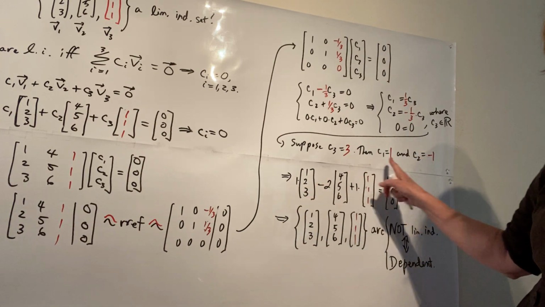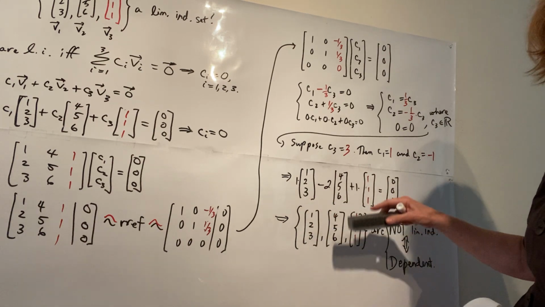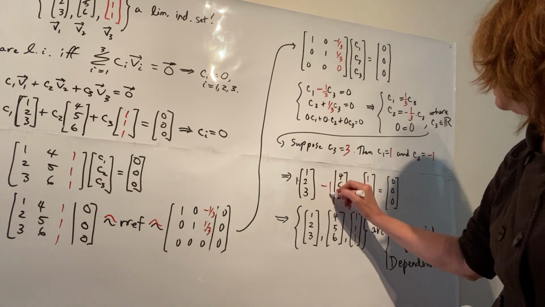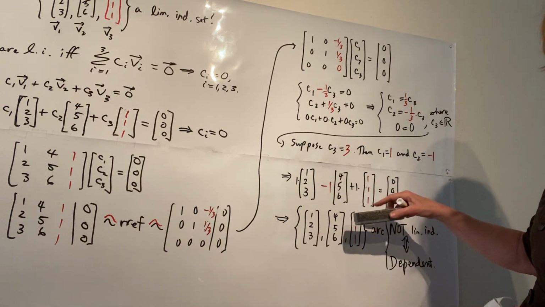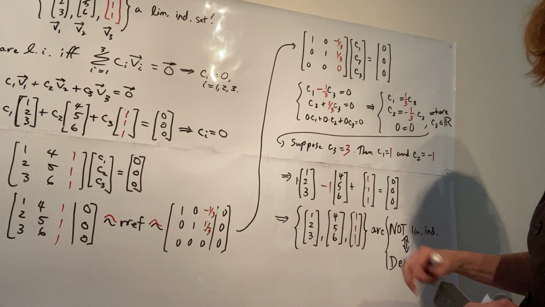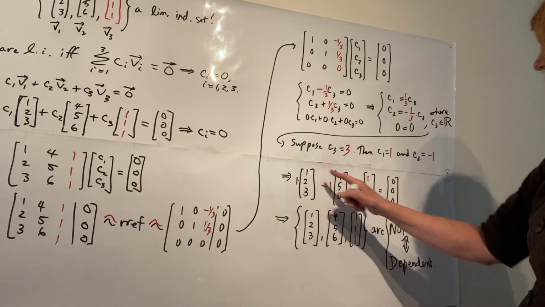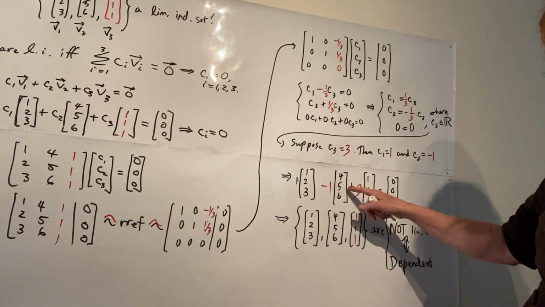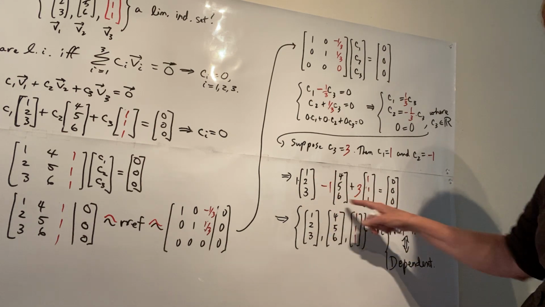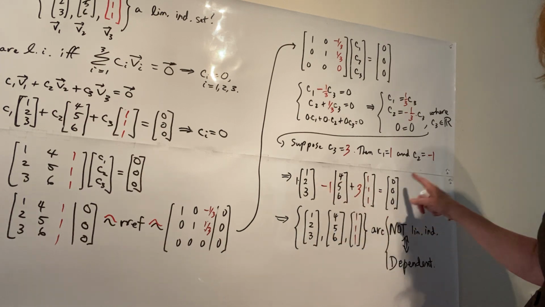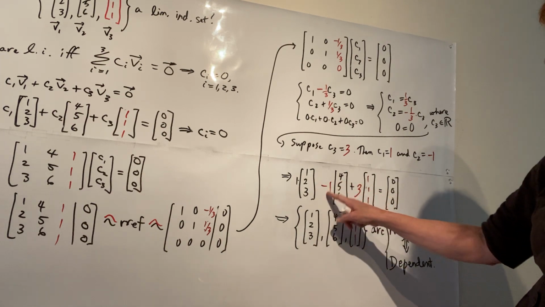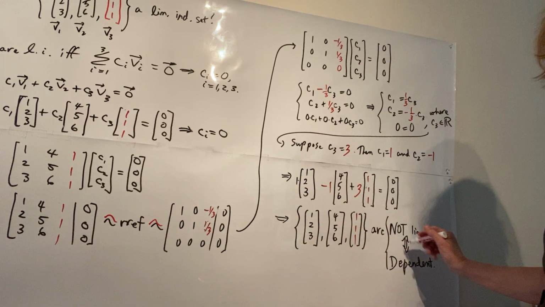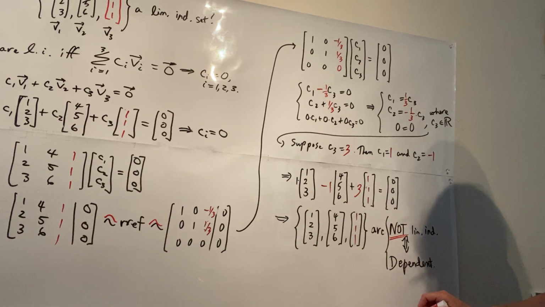We've got C1 is equal to 1, C2 is equal to negative 1, C3 is equal to 3, and we have 1 minus 4 plus 3 equal to 0, 2 minus 5 plus 3 is equal to 0, etc. So there's a linear combination adding up to 0 where all these coefficients are not equal to 0. So once again, these are not linearly independent, they are dependent.